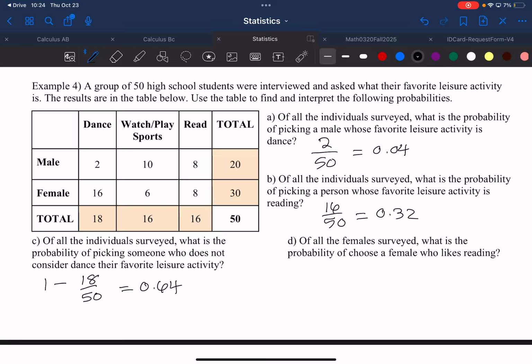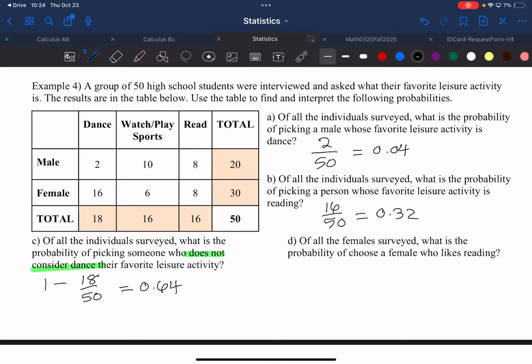Notice that's a lot easier than going to each one and adding 16 out of 50 plus 16 out of 50, when we could just subtract the probability of the event occurring from 1 to get the probability of the event not occurring. I knew to subtract from 1 because it says does not consider dance.